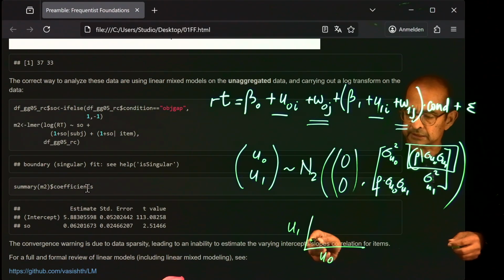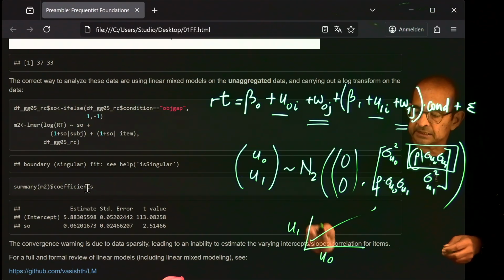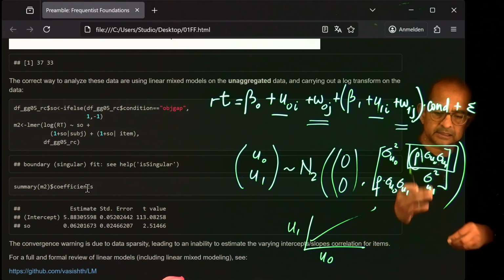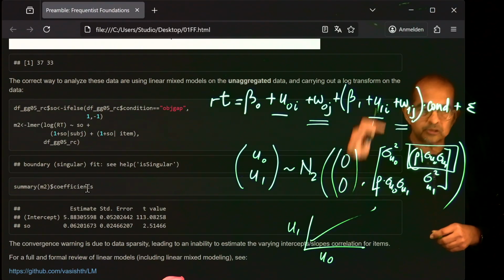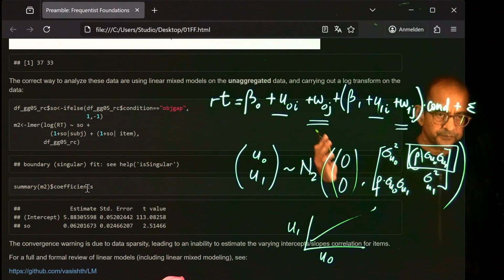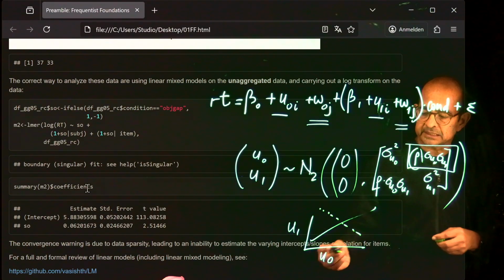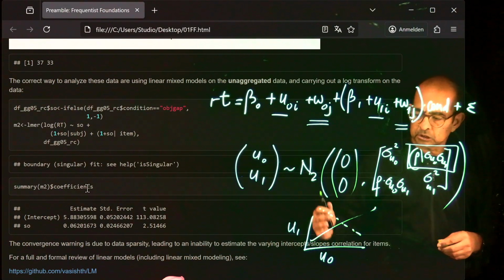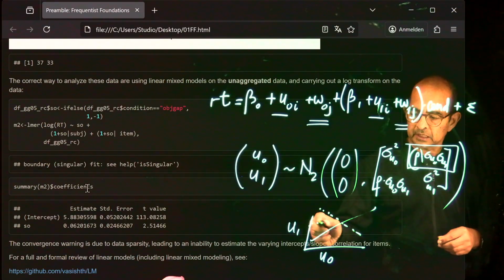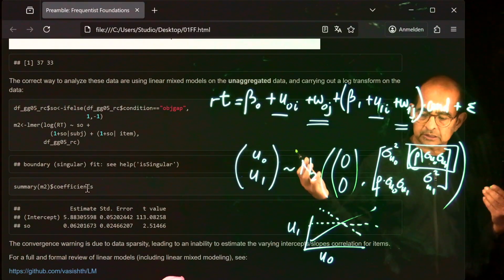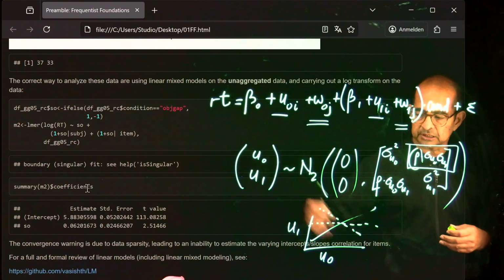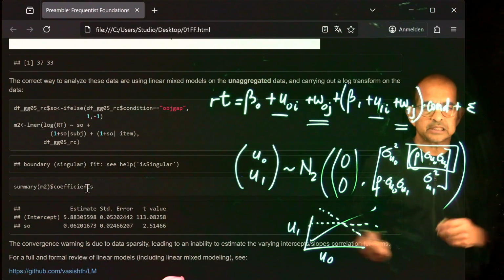If the correlation is positive, it means that as U0 increases, U1 also increases. If the correlation were negative, then as U0 increases, U1 decreases, and if the correlation is 0, there's no association between U0 and U1. So that's the basic structure.